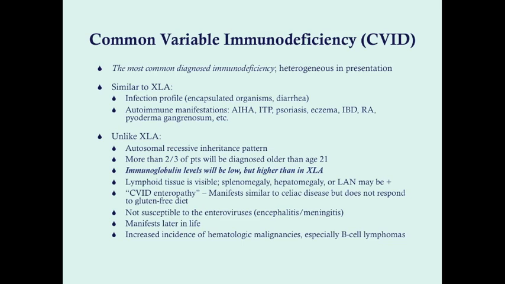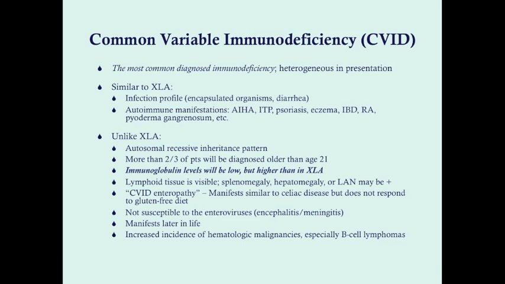Now, here's one of the problems. And we're going to see this with the selective IgA deficiency. Patients who have some of these immunodeficiencies are at elevated risk for celiac disease, up to 4 times as high a risk compared to the general population. However, because a lot of these patients don't have IgA, and that goes for CVID, that goes for IgA deficiency, that goes for hyper IgM syndrome, and I guess X-linked agammaglobulinemia too, you can't test them for celiac disease in the traditional way.